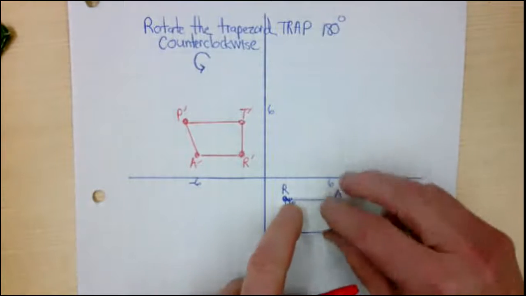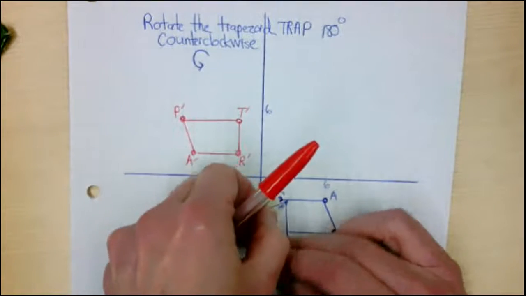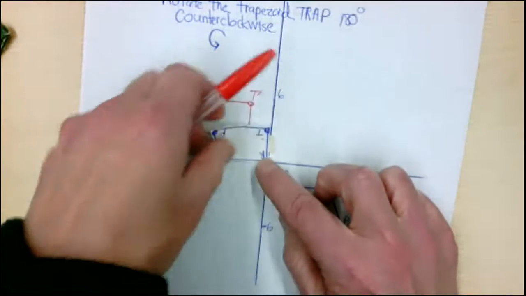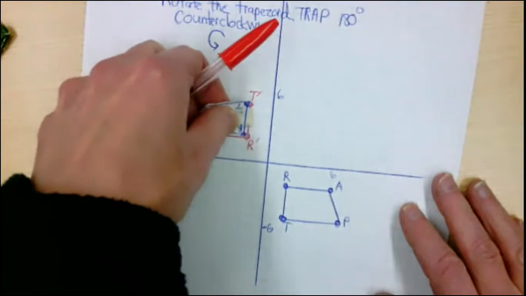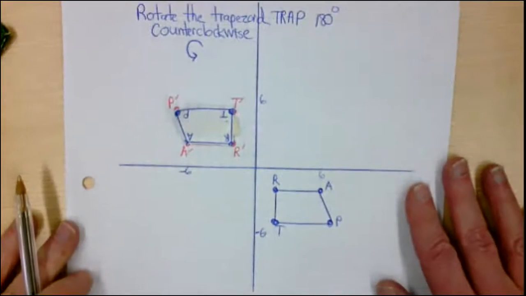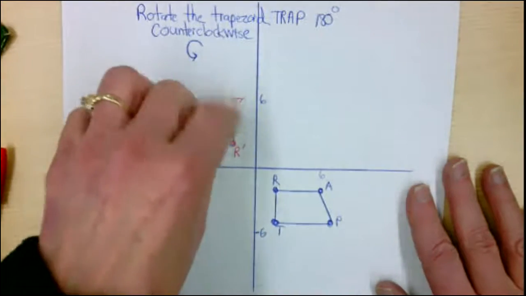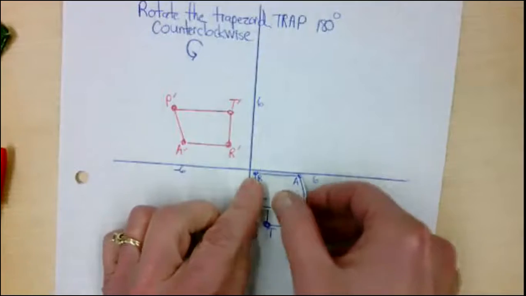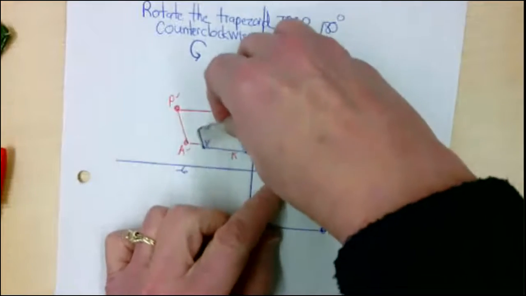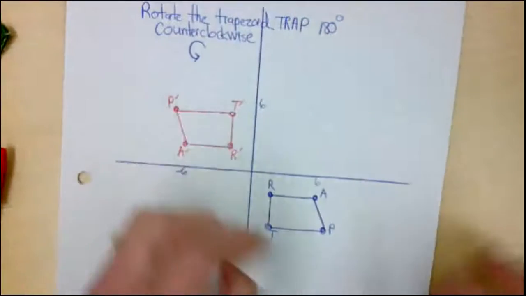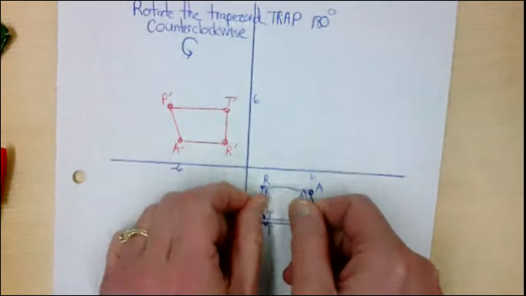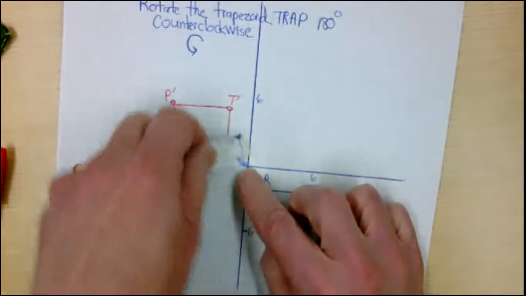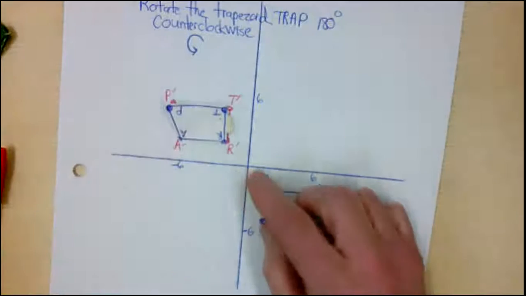Let's put it back here, and we're gonna first go about the origin, and then we're gonna turn it 180 degrees. Notice how we end up in the same spot, whether we go counterclockwise, like this, rotate it, move up 2, or if we go clockwise, start at the origin, this is clockwise now, and go up 2.